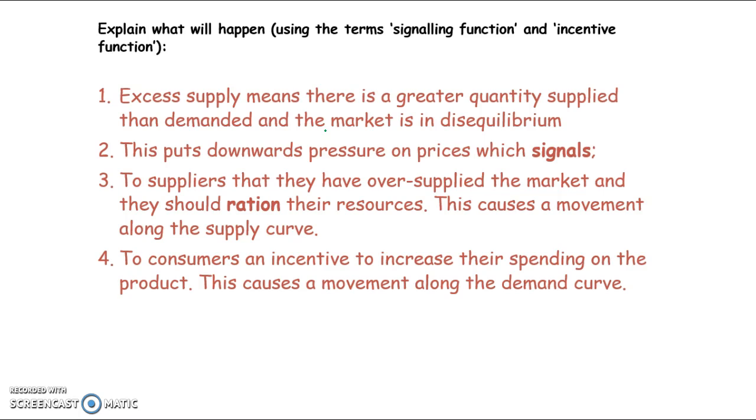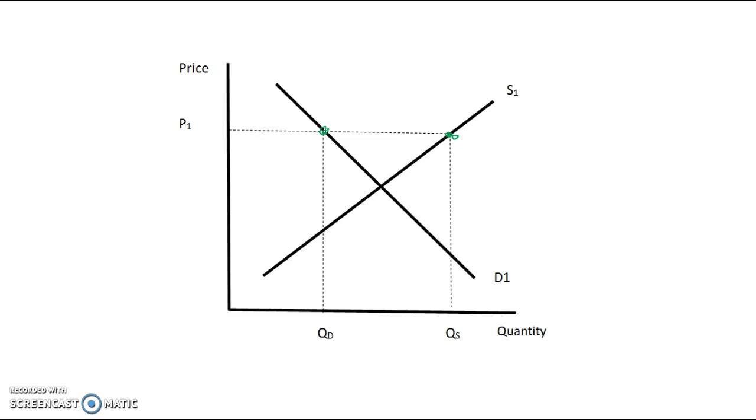and it also creates a little bit of an incentive to consumers as well, this downwards pressure on prices, to increase their spending on the product, because it becomes more affordable to them and they're going to switch from consuming substitute products. So we see that the price and the quantity move towards equilibrium, and I'll just show that there.